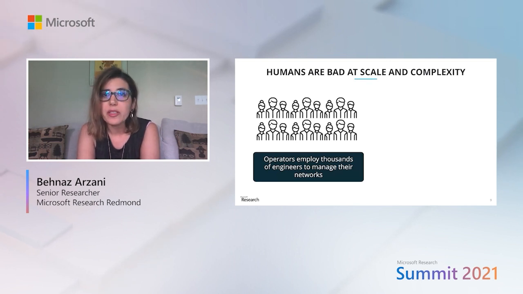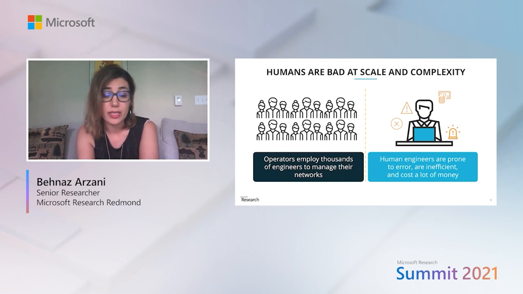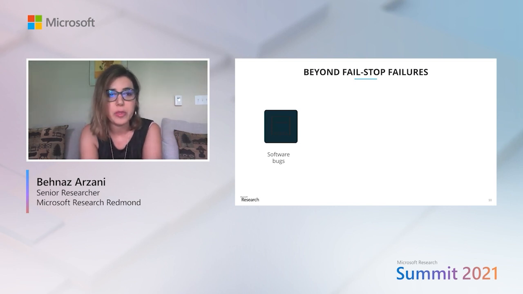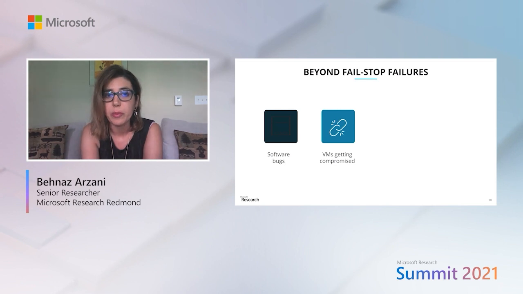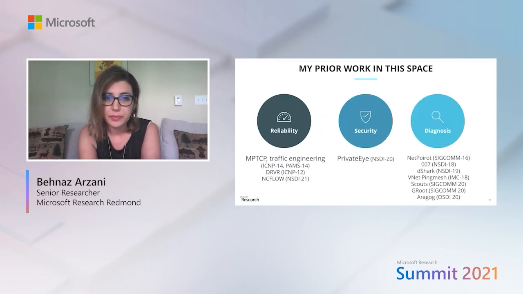And humans are notoriously bad at dealing with scale and complexity, and we make mistakes and we tend to be inefficient, and we also cost a lot of money. And when we talk about problems, if it was just fail-stop problems, maybe we would have been able to handle it. But when problems can happen due to software bugs, due to VMs getting compromised, due to configuration errors, and the most notorious of all of them, intermittent packet drops on a bad link in a huge network, it becomes finding a needle in a haystack when we try to debug it.